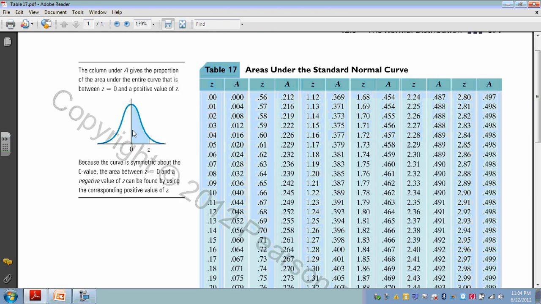They're telling you that 34% of the data is falling to the right of 0 or to the left of 0, one standard deviation from the mean, or one z-score. So that's what this table is giving you. Just keep that in mind as you're working through these problems.